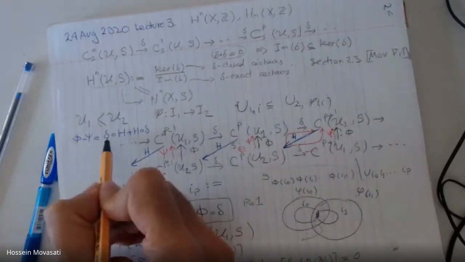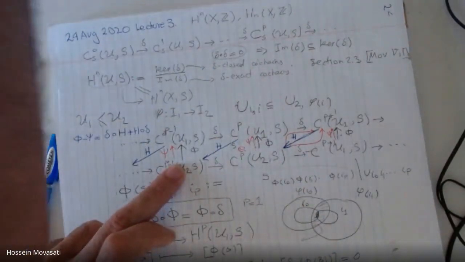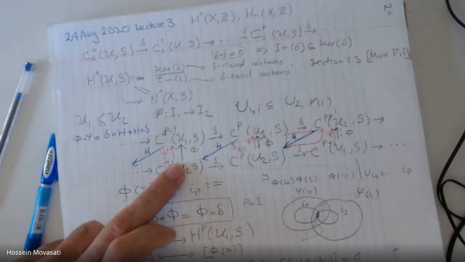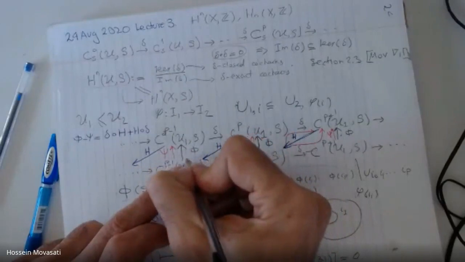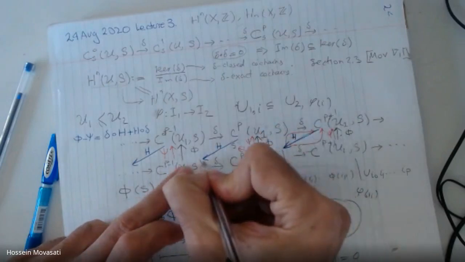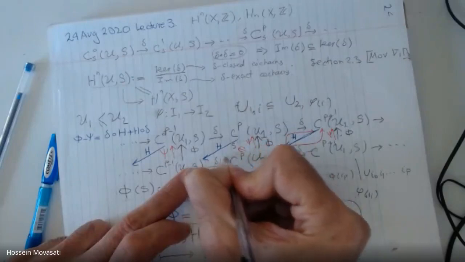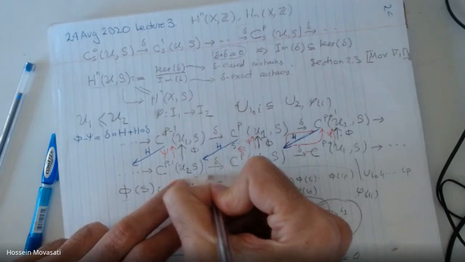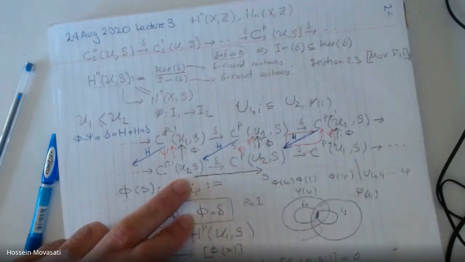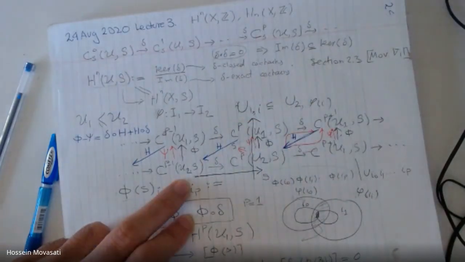Again, from another side, I also have the map going to here, let's say delta from here going to here, and then by phi going up.